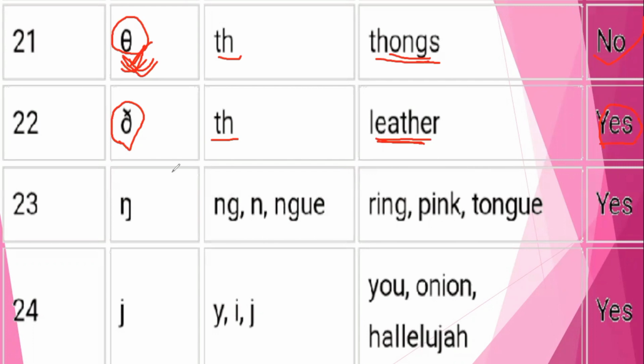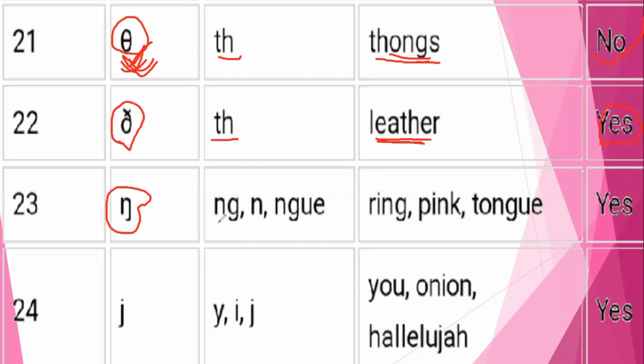In the last slide I told you there are three nasal sounds: m, n, ng. We studied m and n already, and the third nasal sound is ng.